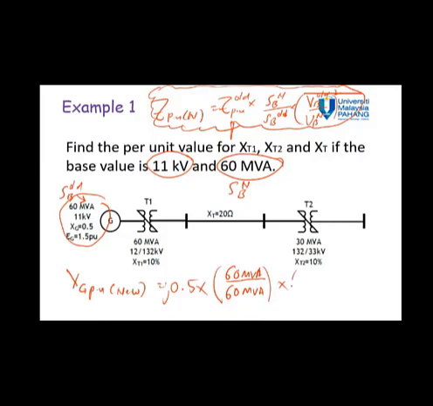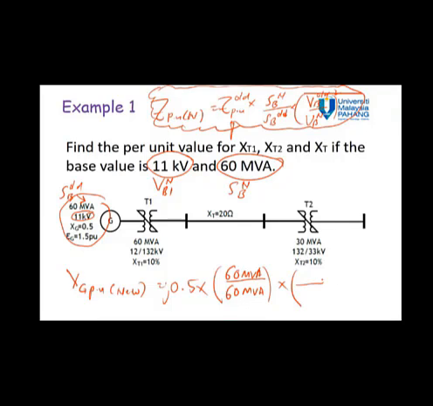V base new is V base 1, at the generator bus bar, which is 11 kV. V base old is also 11 kV.